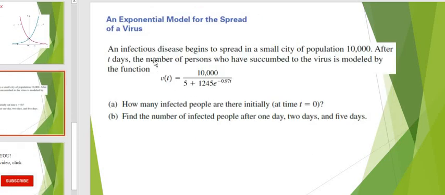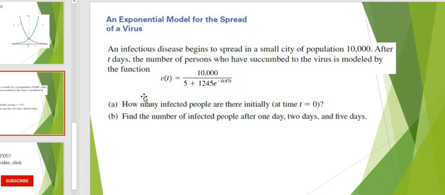Next, an exponential model for the spread of a virus. An infectious disease begins to spread in a small city of population 10,000. After t days, the number of persons who have succumbed to the virus is modeled by the function. So we have P of t equals 10,000 over these expressions here.